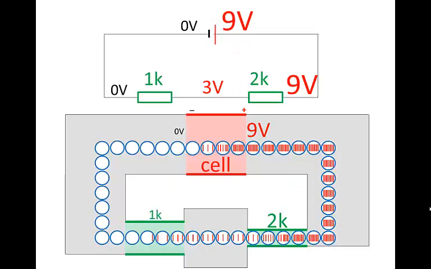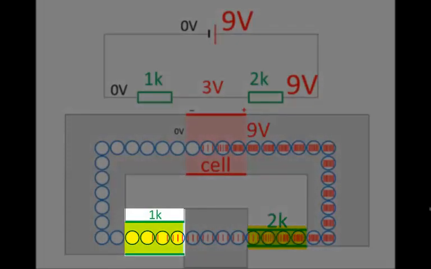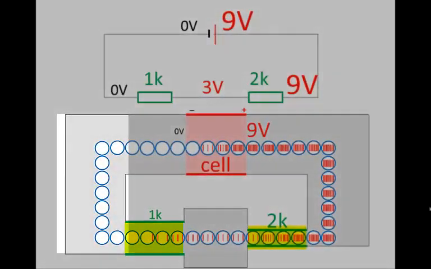I've tried to show that by showing the 2K half the thickness of the 1K. So that's meant to suggest that the charges have to squeeze through the 2K and it is more difficult than when they move through the 1K, even though the 1K is more difficult than the good conductors.